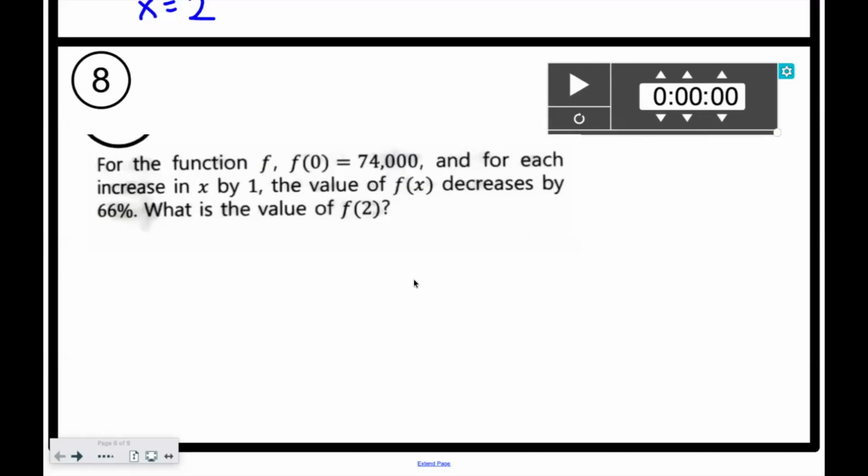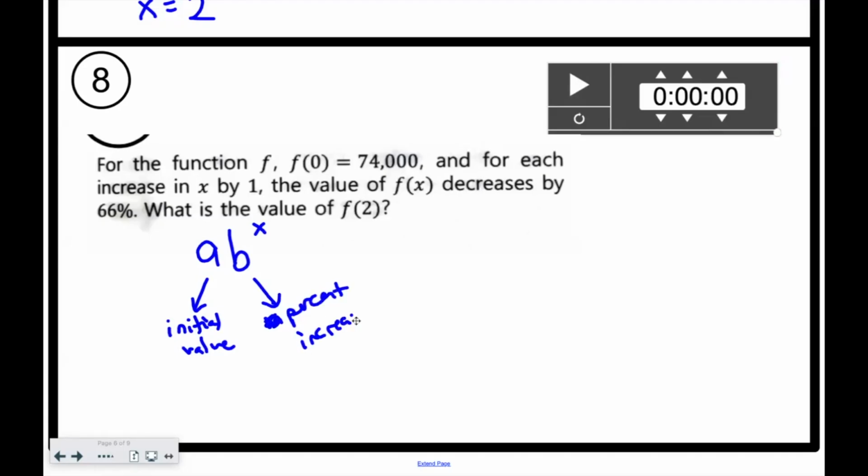All right. So for this one, I'm going to use what's called an exponential model, which is typically a times b to the x. And a is the initial value, and b is the decimal version of our percent increase or decrease.